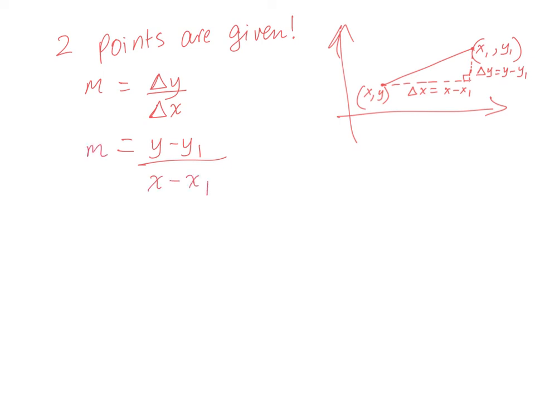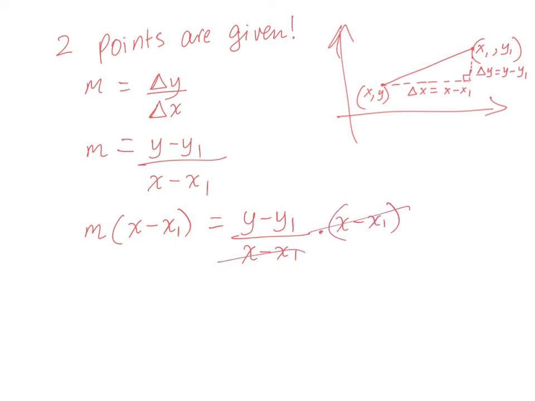So using SADMAP, I see division. What's the opposite of divide? Multiply. So I end up getting this thing. So what's our final value? It's y minus y1 is equal to m times x minus x1.